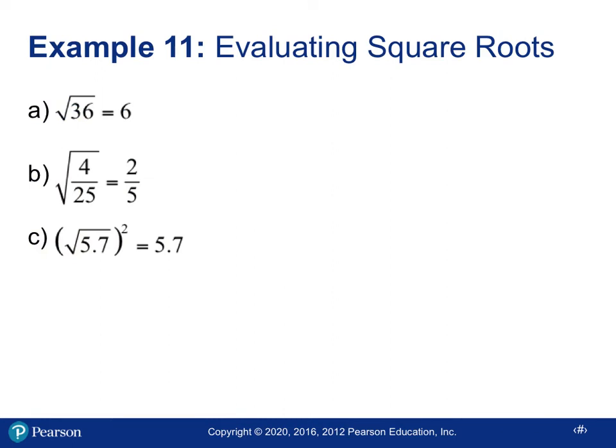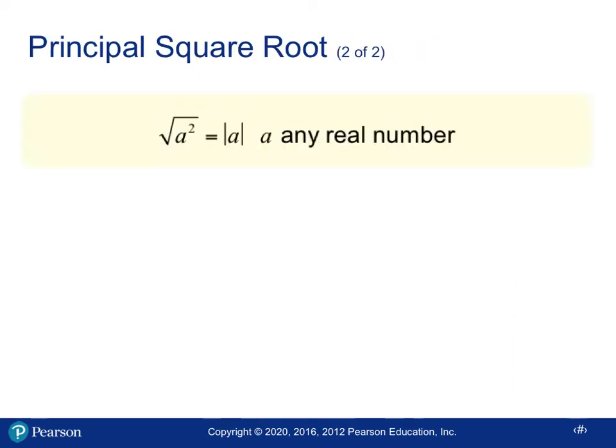So as you see here in this example, yes, technically you have plus or minus 6 would be the answer, plus or minus 2/5, plus or minus 5.7. However, the principal square root is just these. So the square root of a squared is equal to the absolute value of a, where a is any real number when we're dealing with the principal square root.